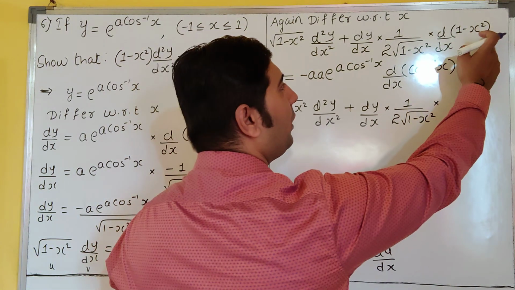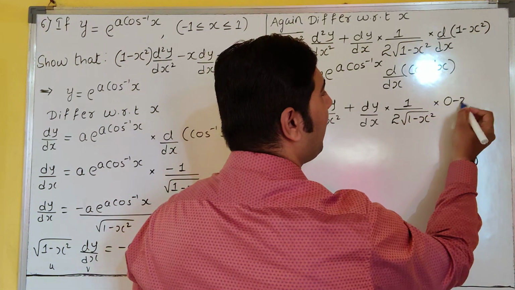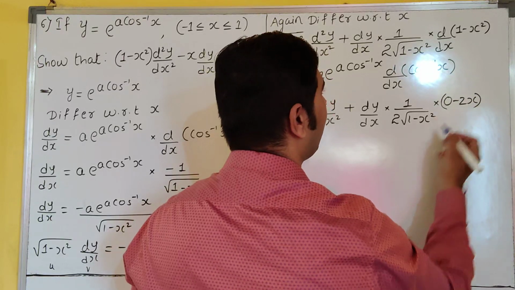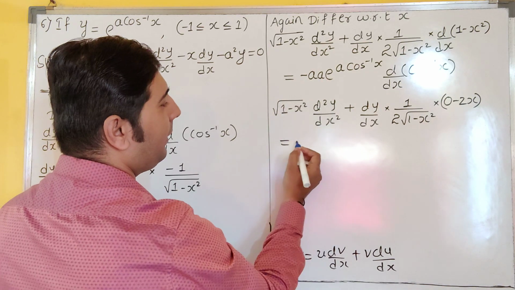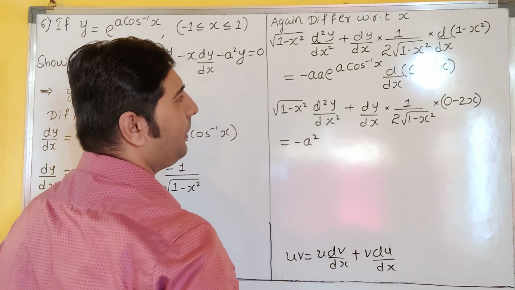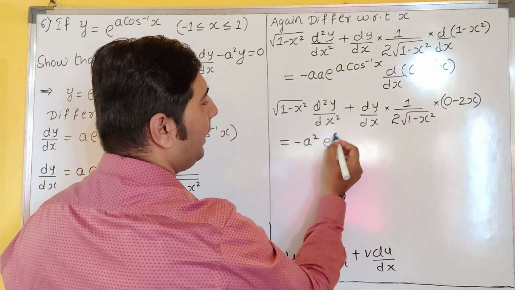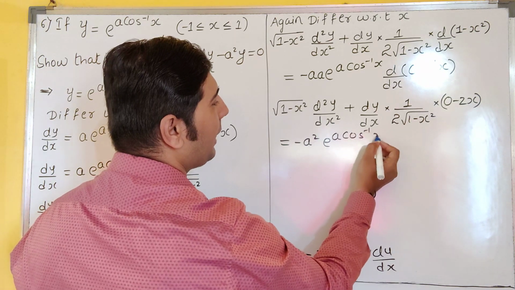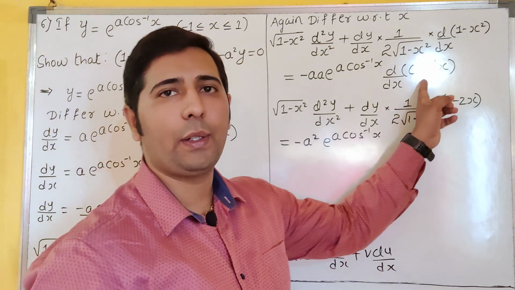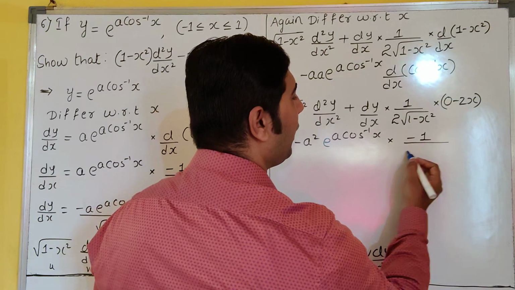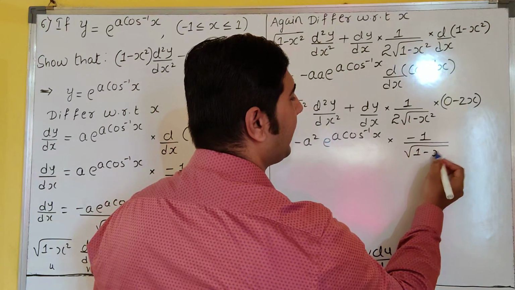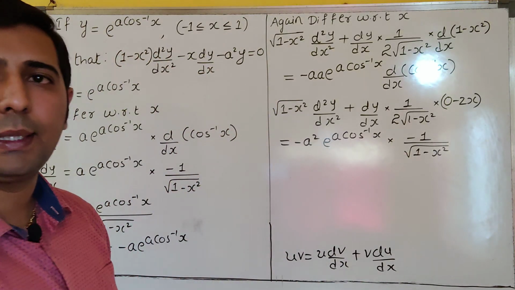Derivative of 1 is 0, x square is minus 2x, dear students, is equal to minus a into a minus a square e raised to a into cos inverse x. We will write as it is. What is the derivative of cos inverse x? Cos inverse x derivative is minus 1 upon square root 1 minus x square, dear students. I hope it is clear.